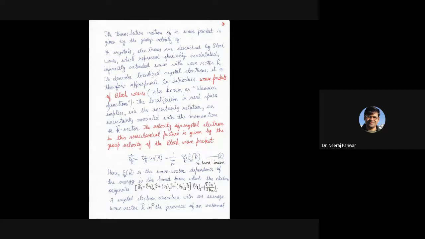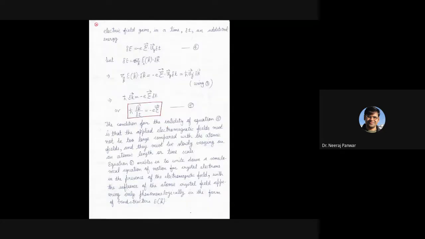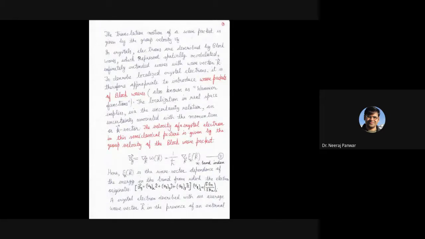A crystal electron described with an average wave vector k, in the presence of an external electric field, gains an additional energy in time delta t. We have a band, and there are electrons in it. Now we apply an electric field.